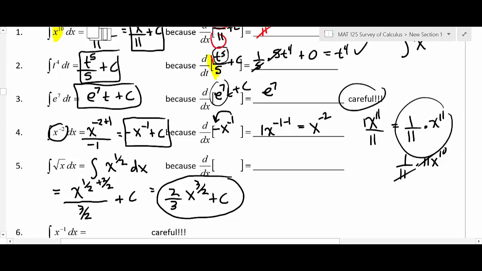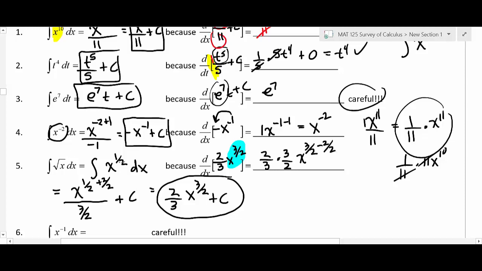Okay, now let's see if this checks out. Let's do the derivative of the answer. Forget about the c, because that's going to go to 0 anyway. You've learned how to do a derivative of that. So you're just going to write down the constant 2/3. Then the power rule you're going to use on this, so it's going to go like this. You're going to bring the 3 halves down. Then you're going to subtract 1 from the exponent, so I'm going to use 2 halves.